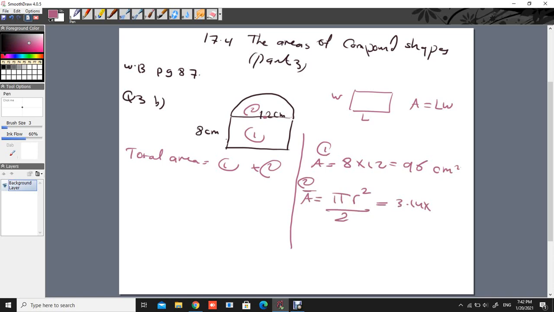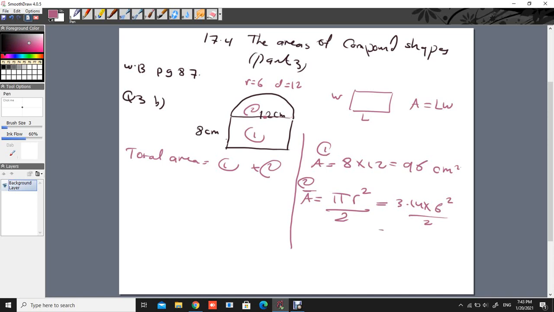Now the radius is 6, since the radius is half of the diameter. So 6 squared divided by 2. 6 squared, 6 times 6, 36. 36 times 3.14. Then divide the result by 2. Do it in your notebook. Do the calculations.